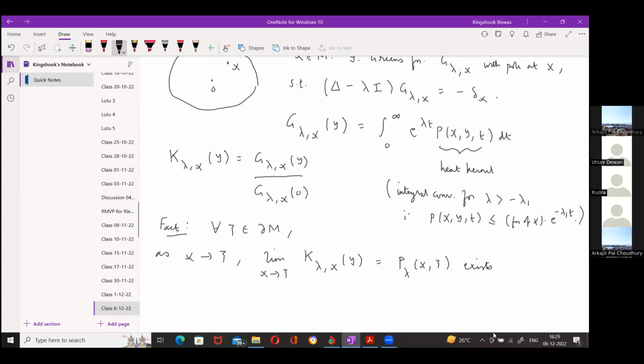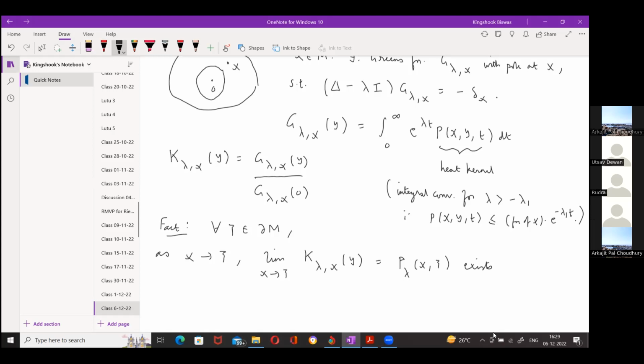Complicated construct. Let me say one thing. If I look at this k lambda x, this is a positive eigenfunction with just a pole at x, but its value at the origin is 1. So as x goes to infinity, on a compact set it has no poles. It is a positive eigenfunction, and the value at the origin is fixed. So by the Harnack-Yau inequality, this function and its gradient will be uniformly bounded on compacts.